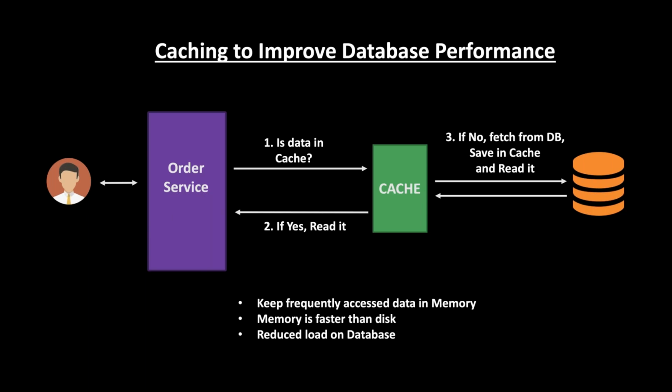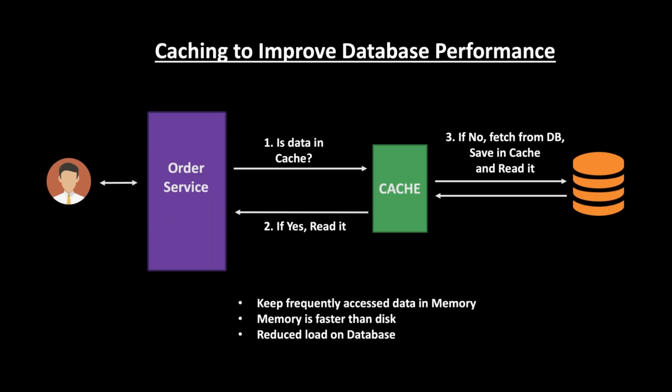In the diagram here, you have the order service, which, instead of talking directly to the database, we introduce a caching layer. First of all, we check, okay, is the data in cache? If yes, we read it from the cache. If it is not there, we fetch it from the database, we save it in the cache, and then we read it.